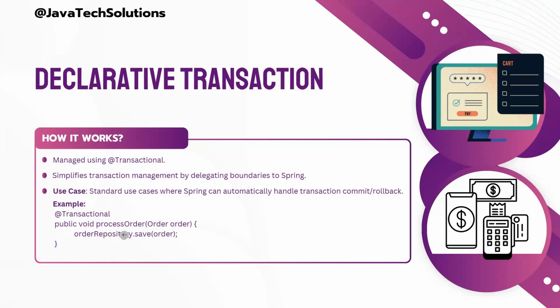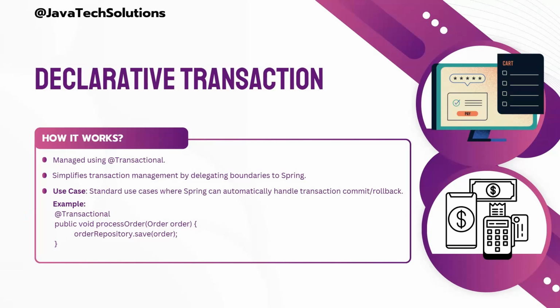If the method completes successfully, the transaction is committed after that. If we talk about the key attributes, it takes attributes like propagation, isolation, rollbackFor, and noRollbackFor. I will cover those things in a later part of this presentation.